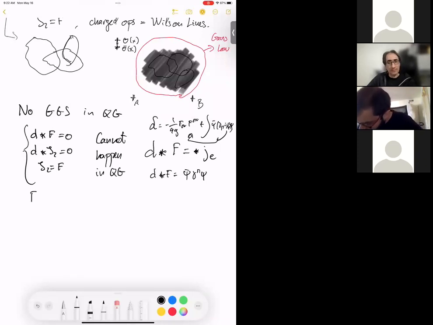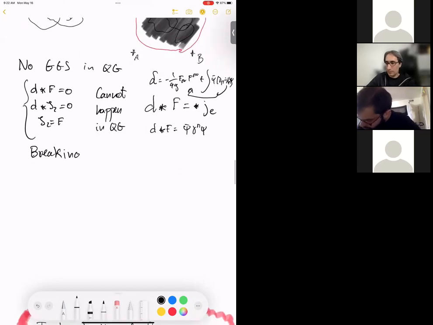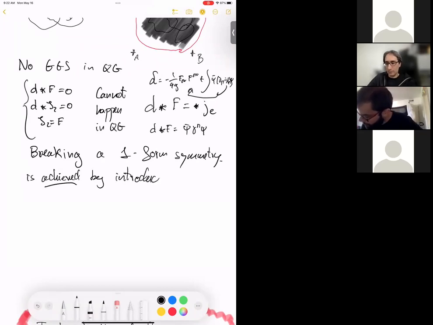So the basic lesson I want to teach here is that breaking a one-form symmetry, which we need to do in quantum gravity, is achieved by introduction of charged particles.